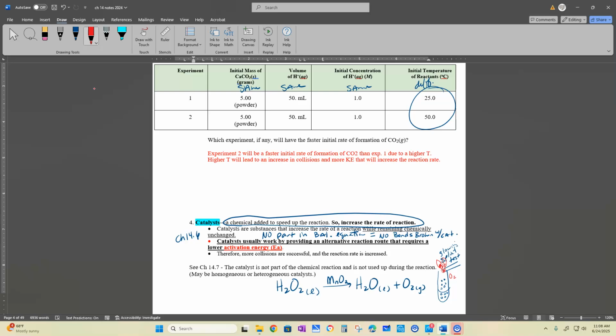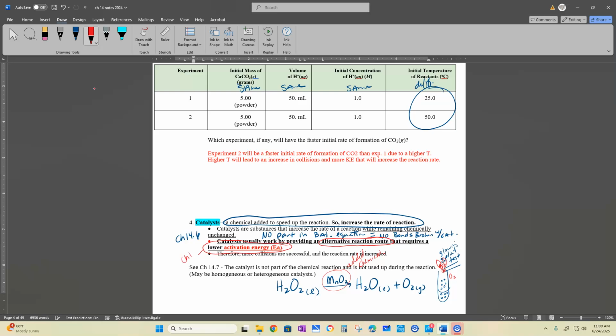So notice that MnO2, it's not a reactant, it's not a product. It's just an added chemical. But it has nothing to do with the balanced equation. Okay, so it's not changed. The catalyst usually works by providing an alternate route. This alternate route is what leads to a lower activation energy.